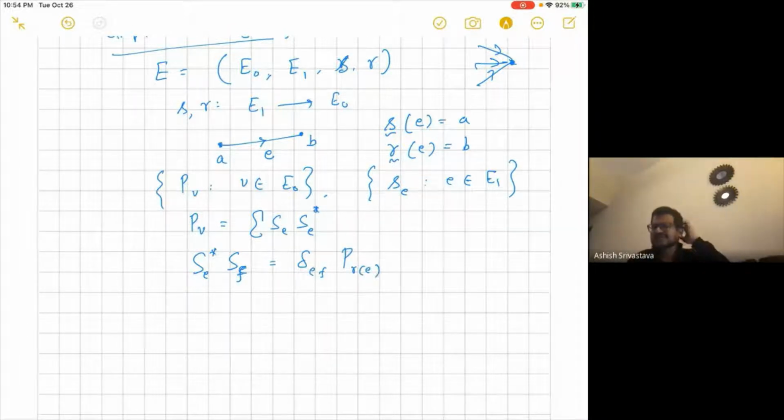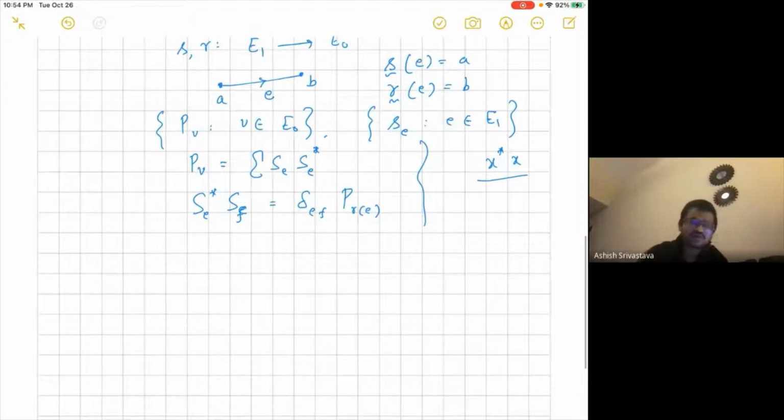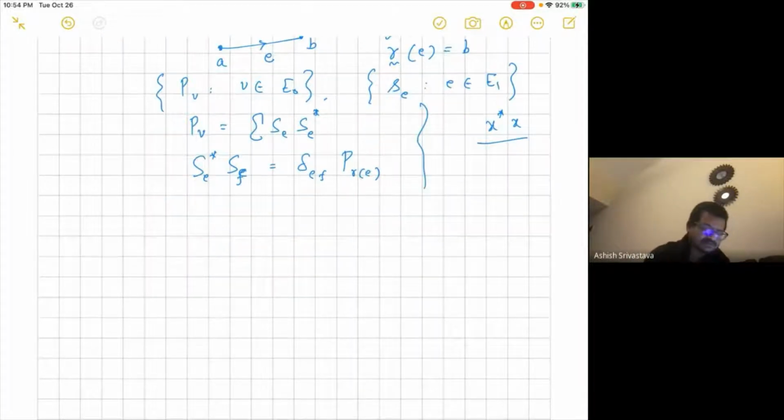right. So partial isometry means, you know, if you have an operator x, then x star x is a self-adjoint operator, right? So now, motivated by this, we define Leavitt path algebra over this quiver in the following way.